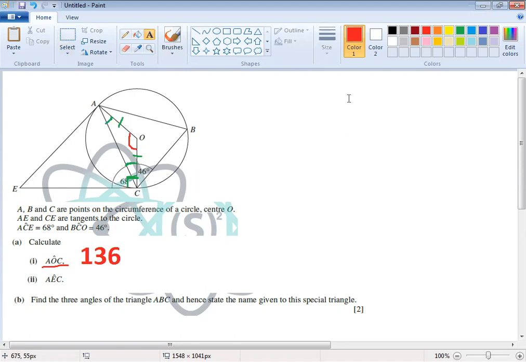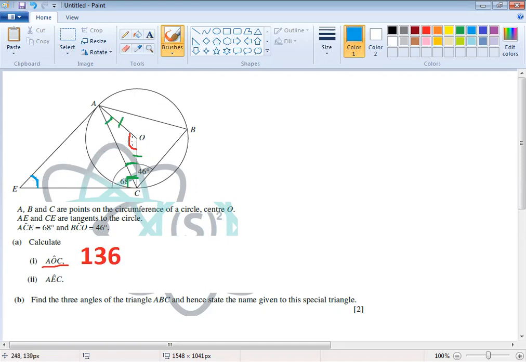And AEC. AEC. Yes, class. I just told you what special property this kite has: the opposite angles are supplementary. If I add O and E, how much should they add up to? 180.